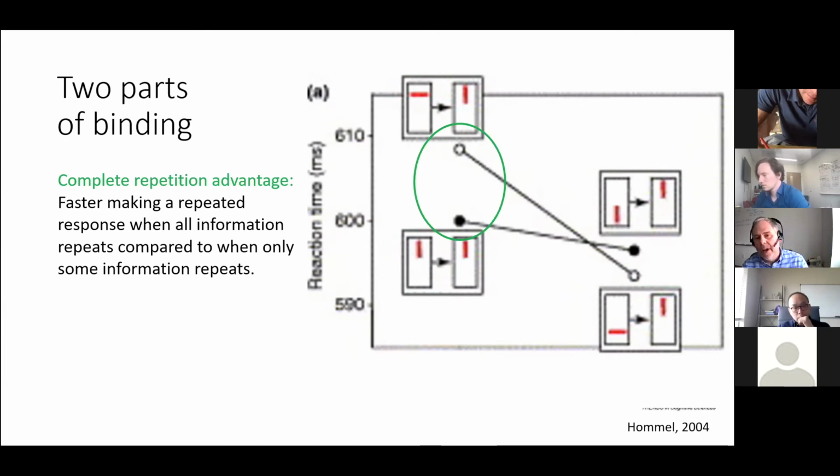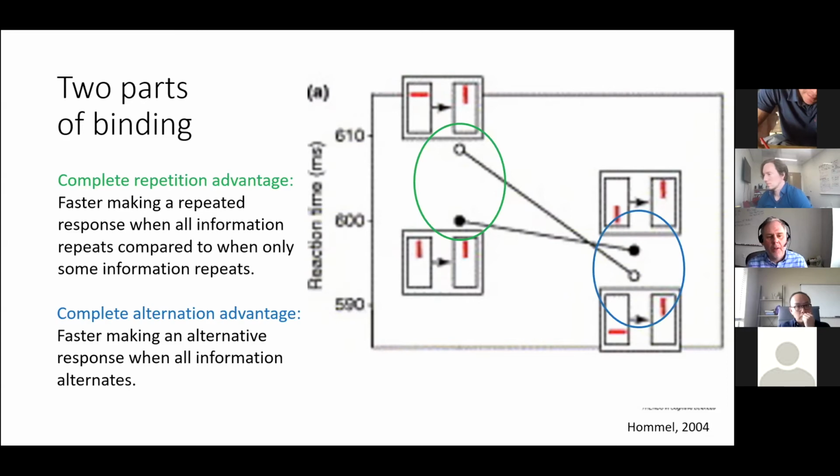I saw a red line at the top both times, but I'm faster when the red line was vertical in both cases than when it was horizontal in the previous trial and vertical in the current one. So the idea is that when I'm making a repeated response, I want everything to repeat. That's the complete repetition advantage. But there's also a complete alternation advantage, and that's where you're faster making an alternative response when everything changes compared to when there's some overlap with the previous trial.